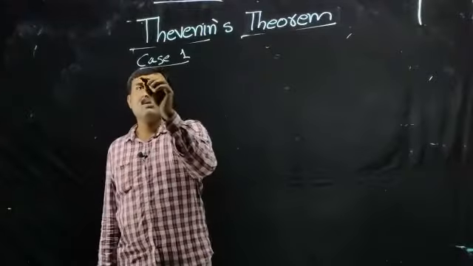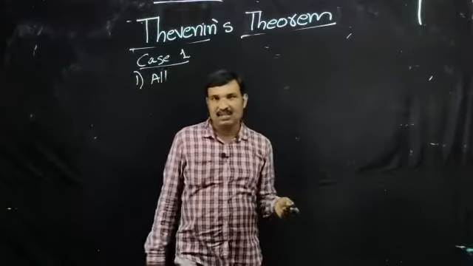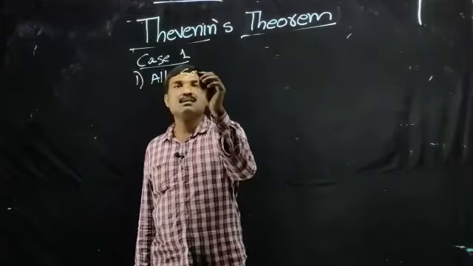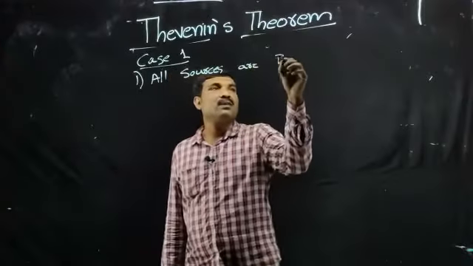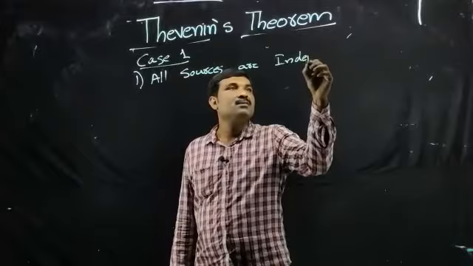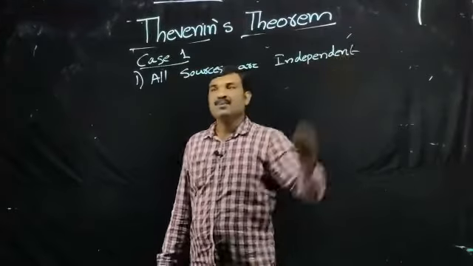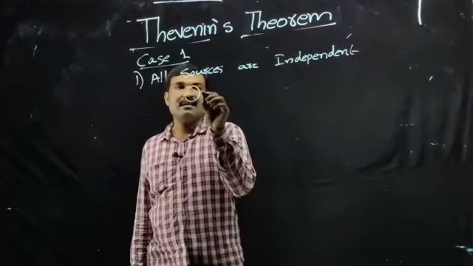In this case, all sources, whether current source or voltage source, either AC or DC, are independent, right? So we have only independent sources in the network. We can represent an independent source by a circle, right?